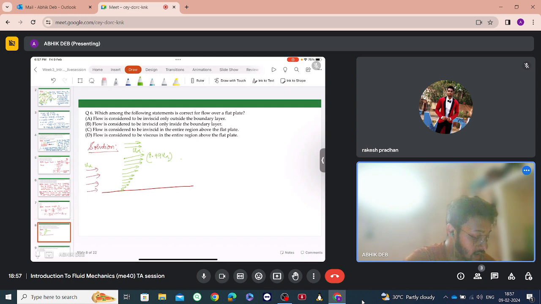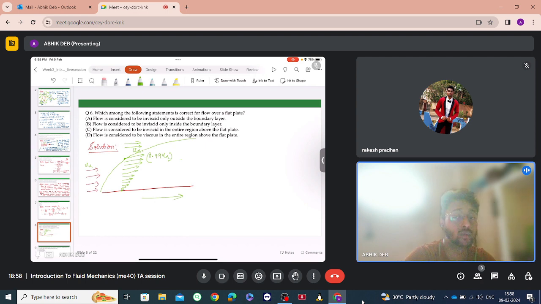Throughout the length of the plate, if we connect all those points, we get a line that is called the boundary layer. Okay.